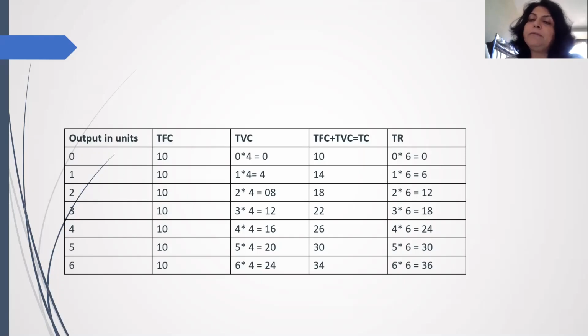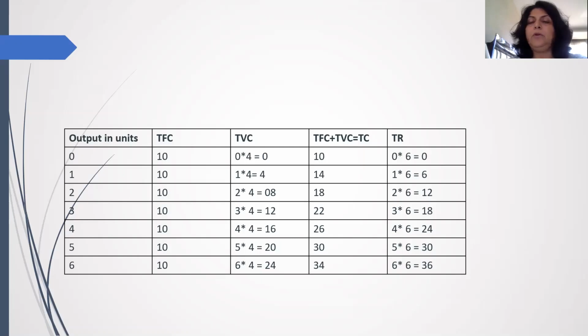Here we assume that AVC is constant at 4, and AVC into Q will give you TVC: 0 into 4, 1 into 4, 2 into 4, up to 6 into 4. As you increase production, your TVC will increase. It is variable. TC also reflects TVC, that is 10, 14, 18, 22, as the addition of TFC and TVC. And on the 6th unit, it is 34.